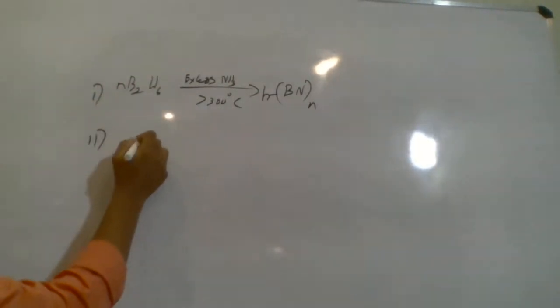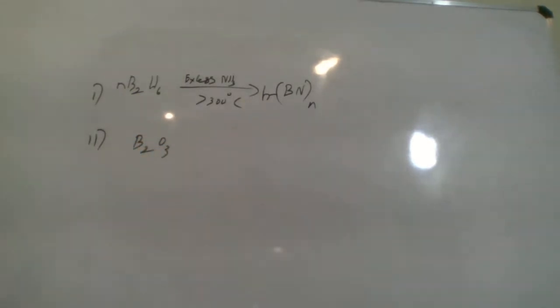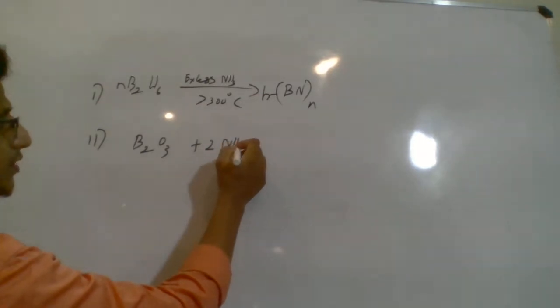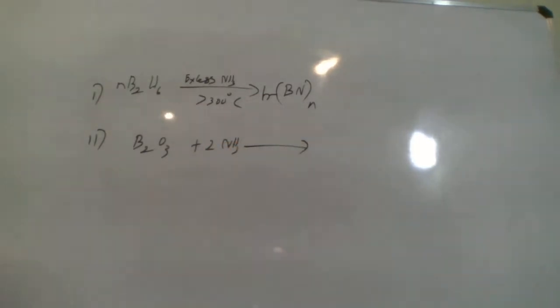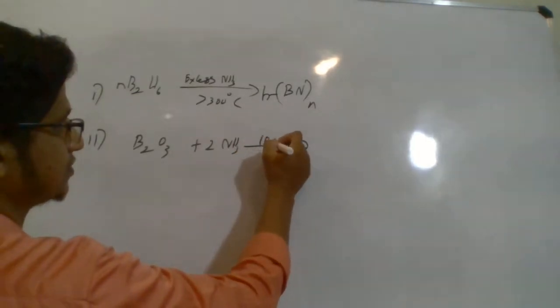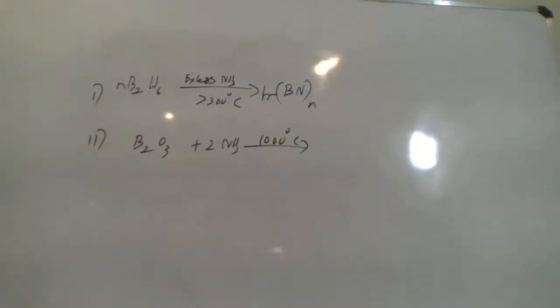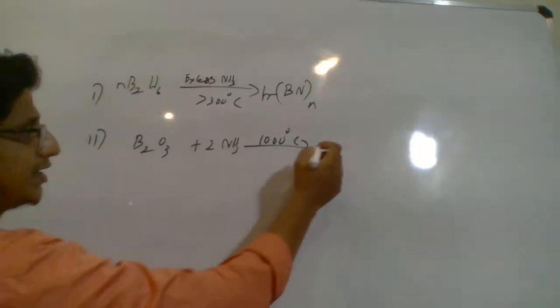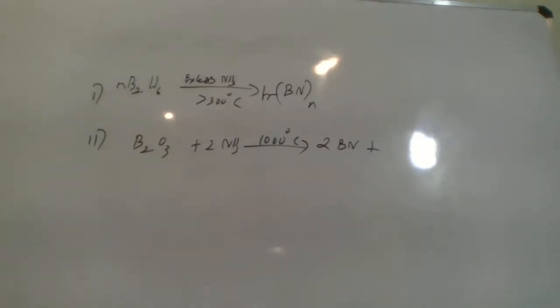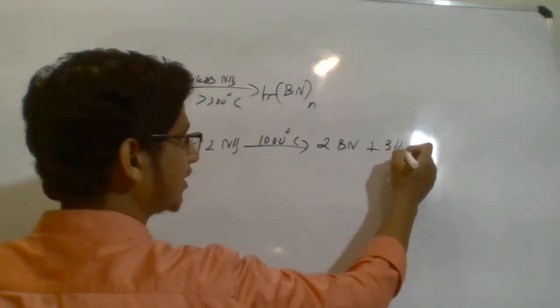Second method, from boric oxide, B2O3. When B2O3 is heated in presence of ammonia, at a temperature as high as around 1000 degrees Celsius, you are going to get boron nitride as the compound, with water as the byproduct.